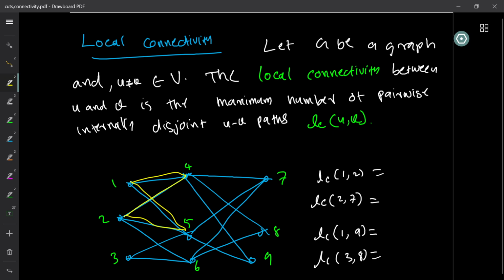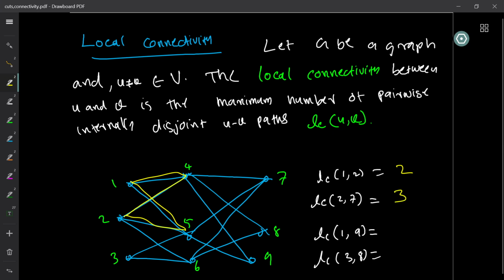Therefore I already have two, so this is actually the best. Between 2 and 7, I can go from 2 to 4 and then reach 7, 2 to 5 and 7, and then 2 to 6 and 7, and any two of them are internally disjoint. Therefore they are pairwise internally disjoint, so the local connectivity is actually 3.